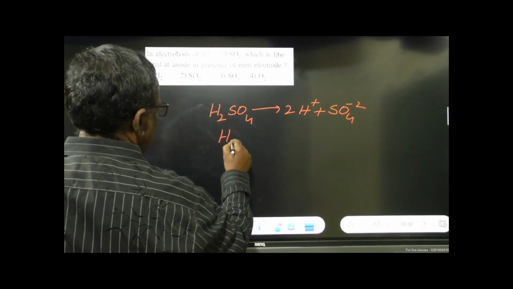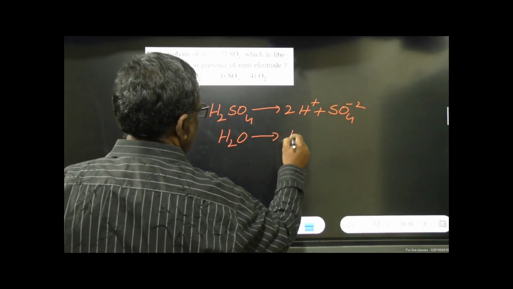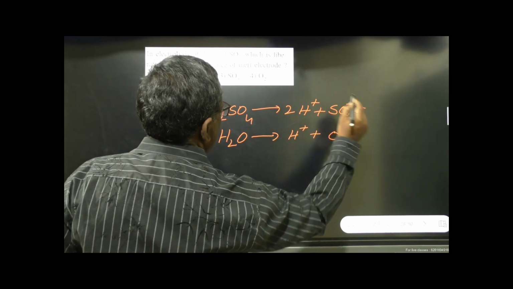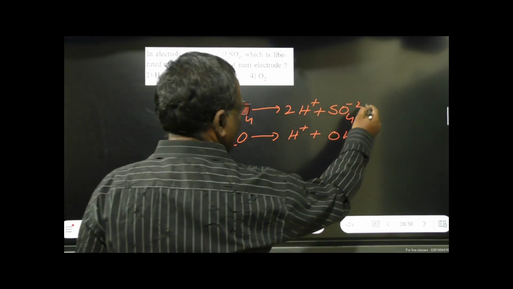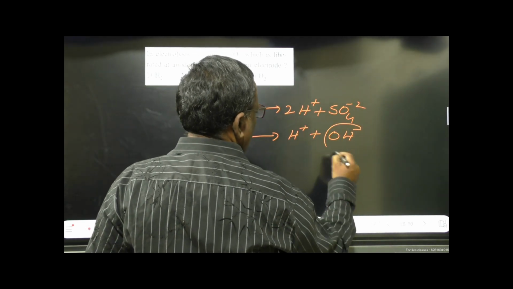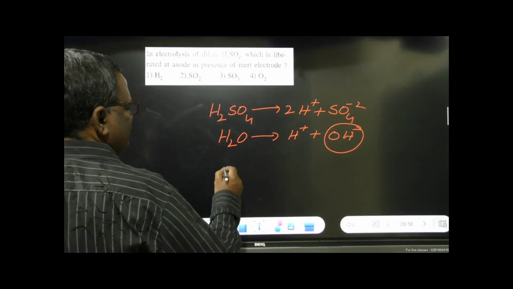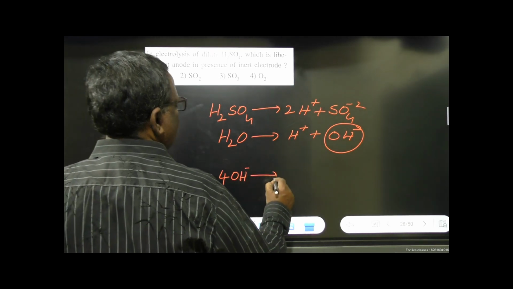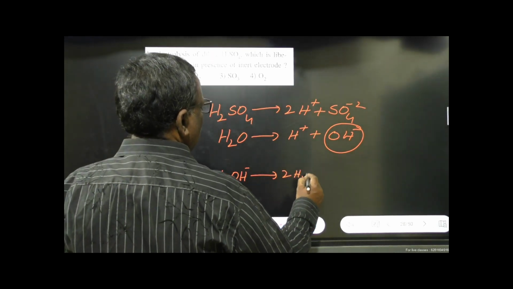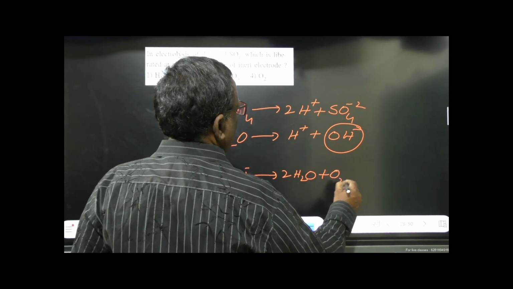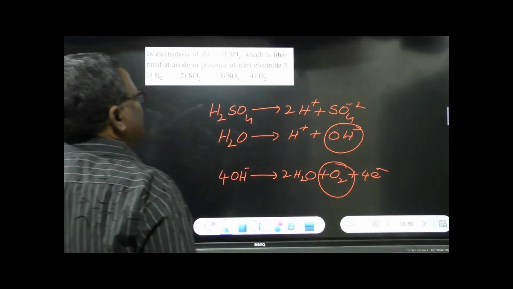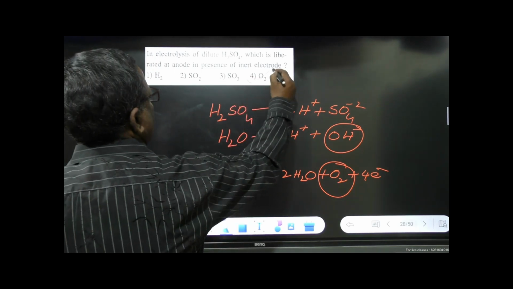Dilute means water is there. If water is there, you have H plus ions and OH minus ions. Now they are asking at the anode. Out of these two anions, OH minus preferably discharges. The reaction is 4OH minus gives 2H2O plus O2 plus 4e minus. So O2 gas is liberated at the anode.